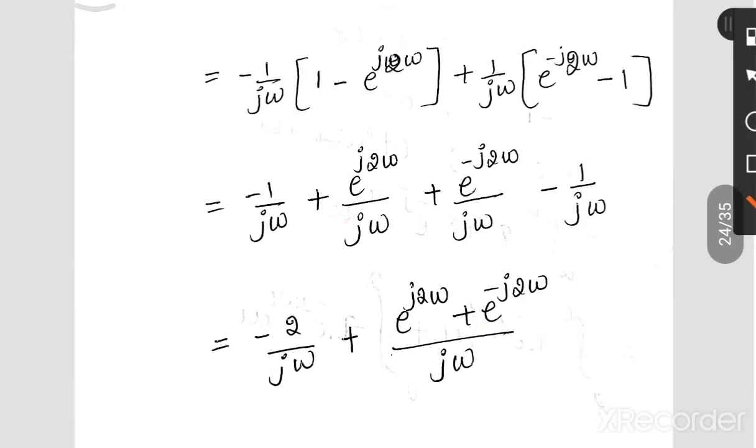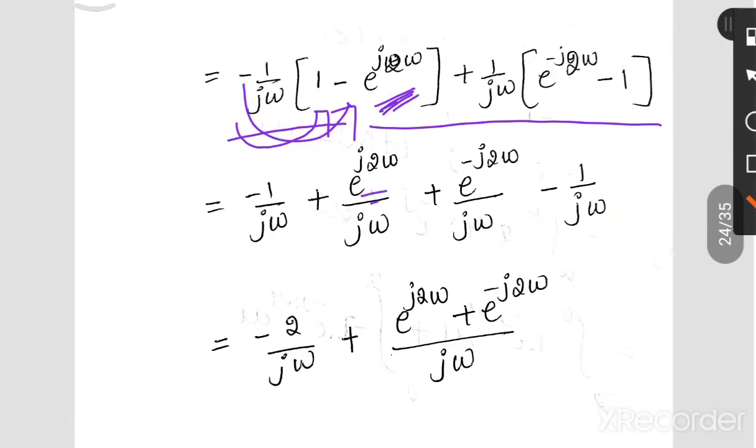So then expand these terms. Minus 1 divided by j omega, plus, minus into minus is plus, then e raised to j2 omega divided by j omega, then plus second factor, plus e raised to minus 2 j omega divided by j omega, and then plus into minus, minus 1 into 1 divided by j omega will be minus 1 divided by j omega.